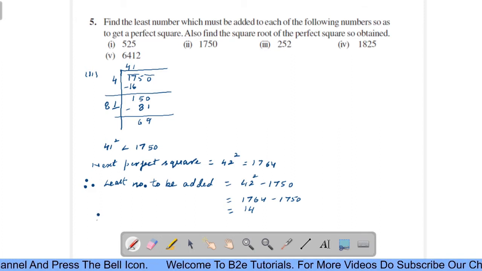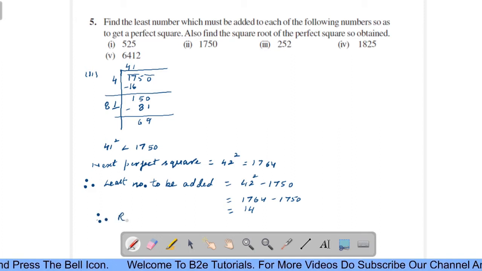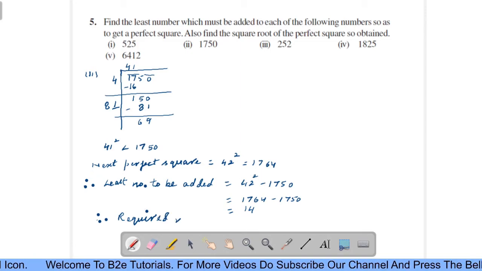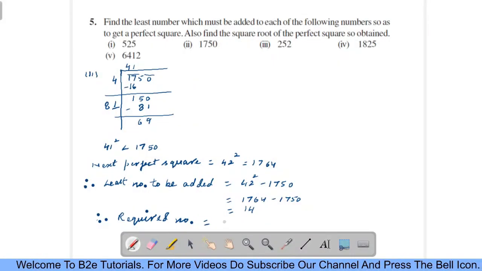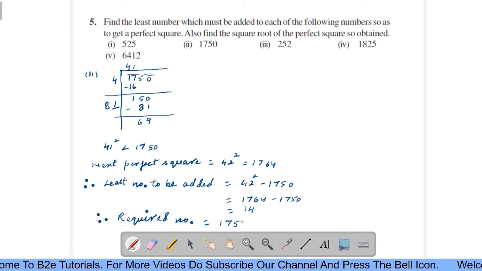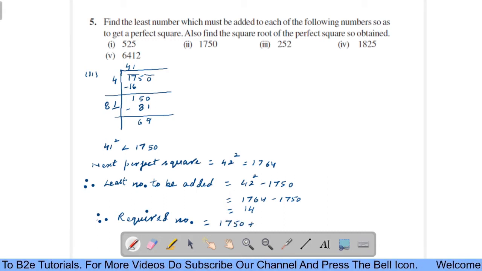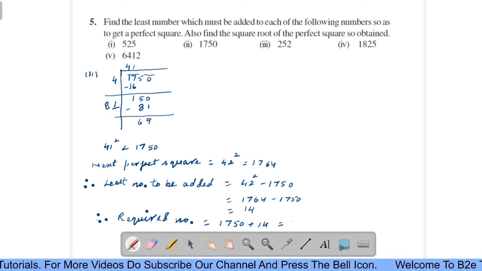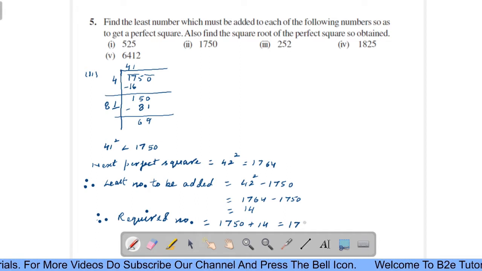Therefore, the required number is equal to 1750 plus 14, equal to 1764.